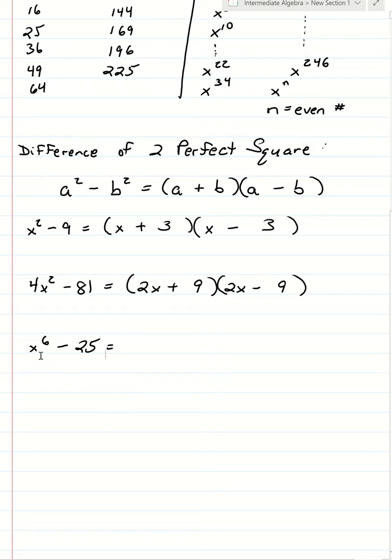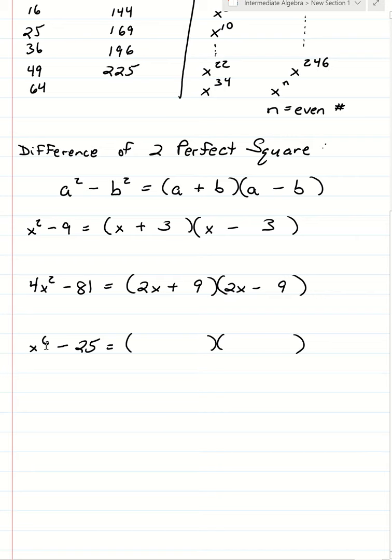Is x to the 6th a perfect square variable? Well, yes, it is. Because based upon our definition, we said as long as your exponent is an even number, this would be classified as a perfect square variable. 25 is also a perfect square number. It's over here on my list. And since we are subtracting these, we can factor this further. And so I would break it down.